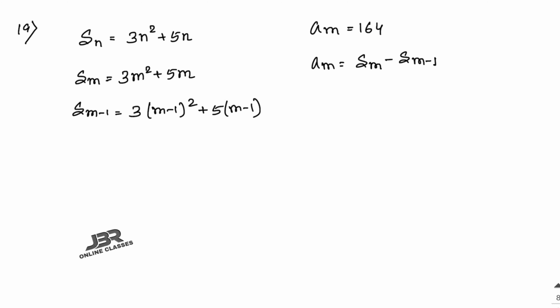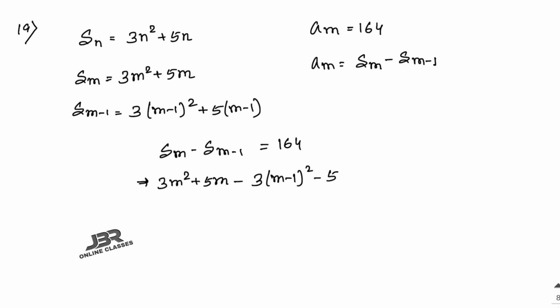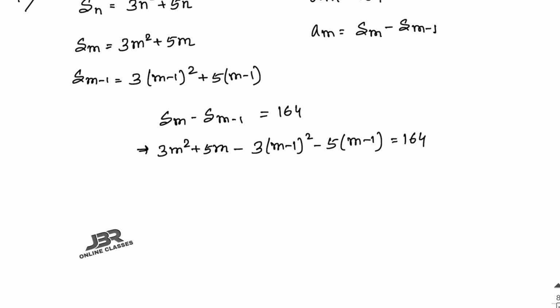Now if you subtract, Sm minus Sm minus 1 equals 164. Put down the value of Sm: 3m square plus 5m minus 3 into m minus 1 whole square minus 5 into m minus 1 equals 164. Okay, so here you can solve this equation and find out the value of m.